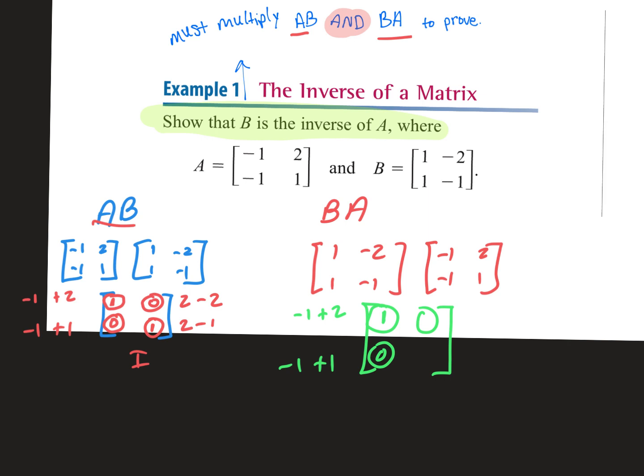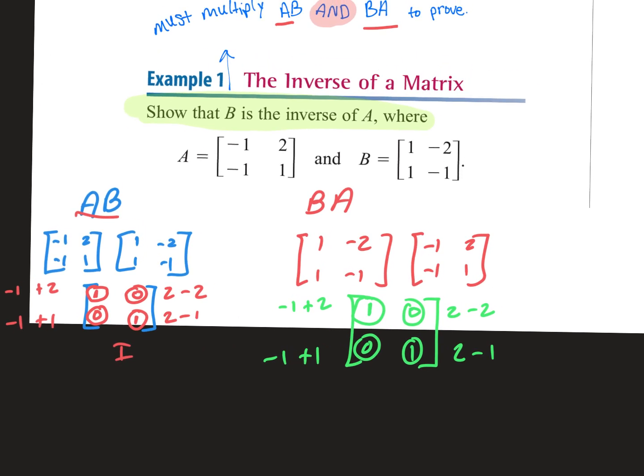This value is first row, second column. 1 times 2 is 2, -2 times 1 is -2, so -2 and +2 gives me 0. And this is second row, second column. 1 times 2 is 2, -1 times 1 is -1, and 2 minus 1 is 1.